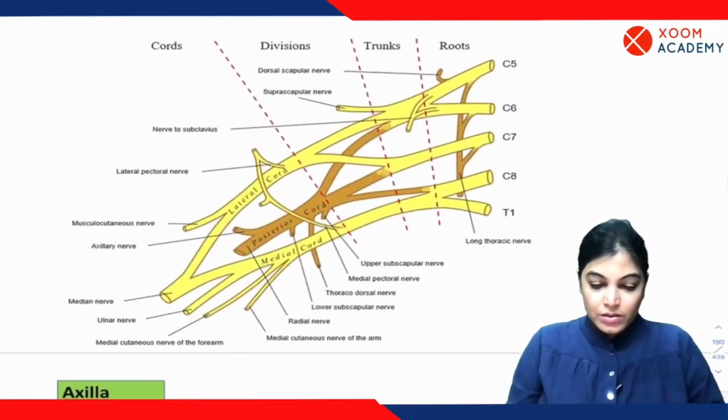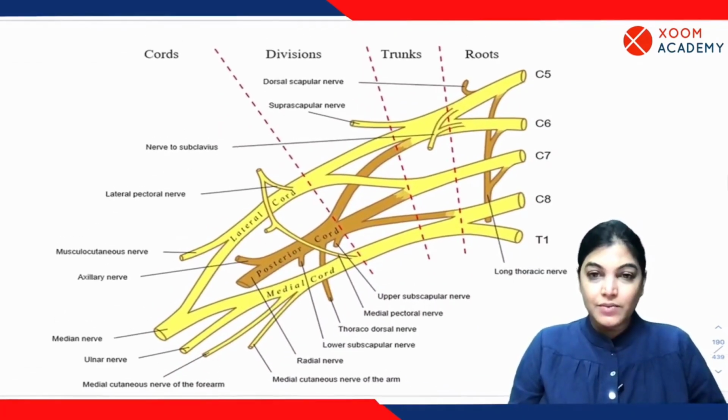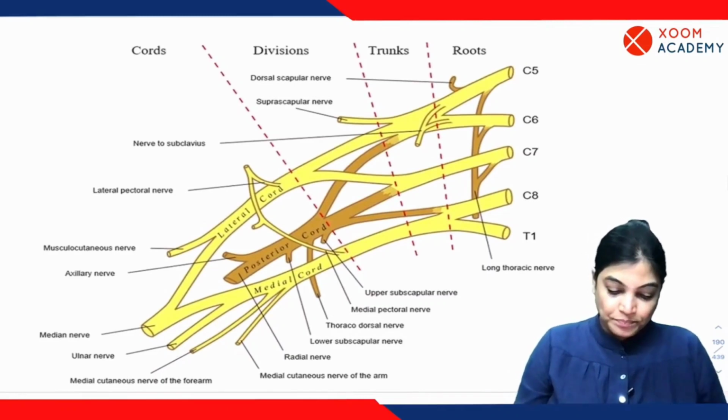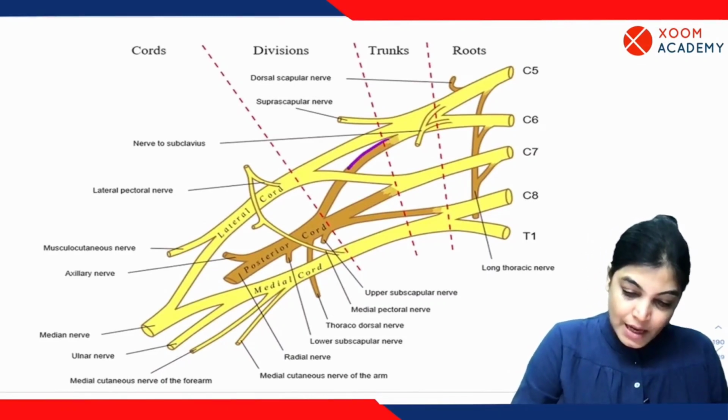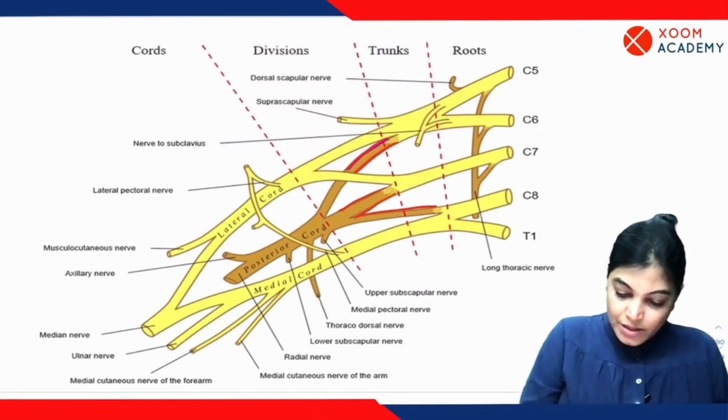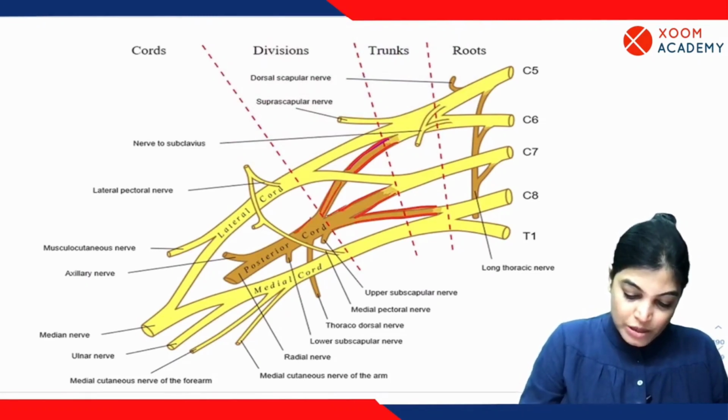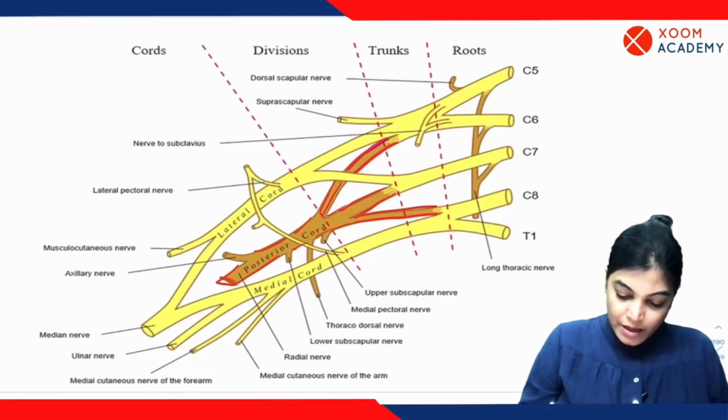Now, let me show you the radial nerve formation in this diagram. You can see here these are the posterior divisions of all the three trunks, and the posterior divisions of all the three trunks will together join here to form the posterior cord, and one of its largest branches, which is shown here, is the radial nerve.